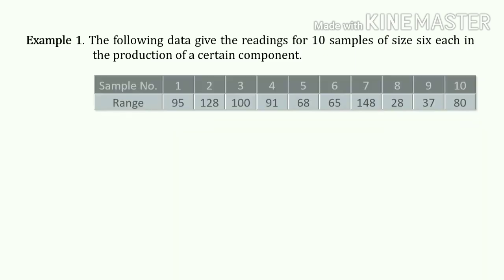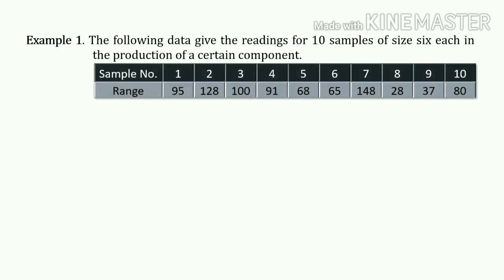Example 1. The following data gives the reading of 10 samples of size 6 each in the production of certain components. So we have given sample-wise ranges of 10 samples. For sample 1 it is 95, sample 2 it is 128 and so on, up to the 10th sample the value of range is 80.